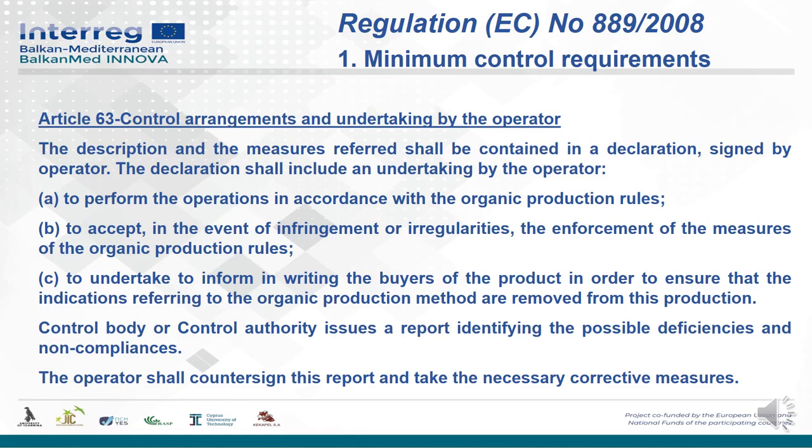And if we want to explain in detail, it has to include that the operator undertakes to perform the operations in accordance with the organic production rules, to accept, in the event of infringement or irregularities, the enforcement of the measures of the organic production rules, and to undertake to inform in writing the buyers of the product in order to ensure that the indications referring to the organic production method are removed from this production.